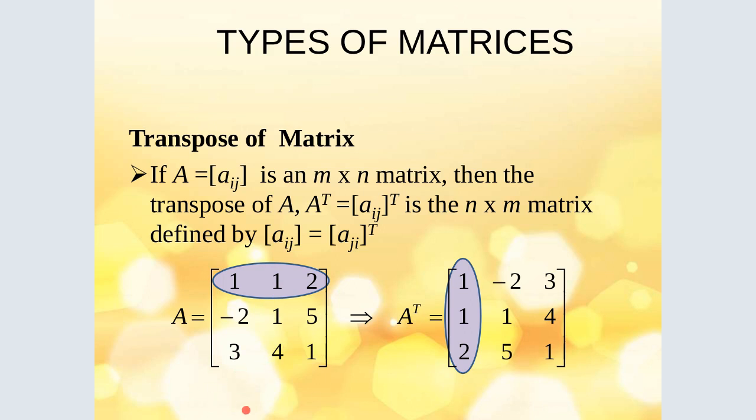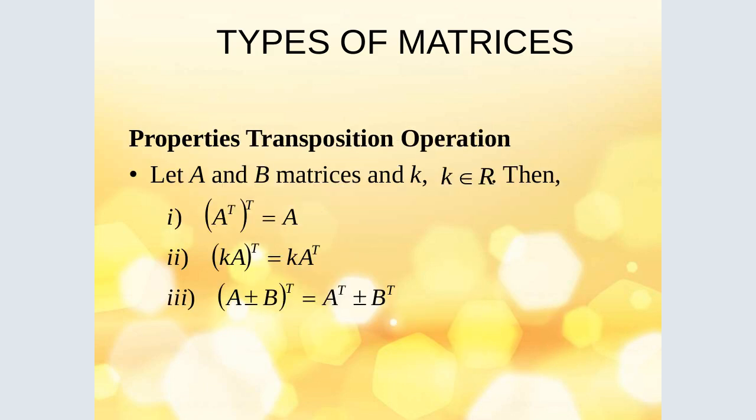And the third row becomes the last column, 3, 4, 1. So how you transpose a matrix is that you change the rows to become the columns. That is how to transpose a matrix, and this will be so important in the matrix inversion method of solving equations.